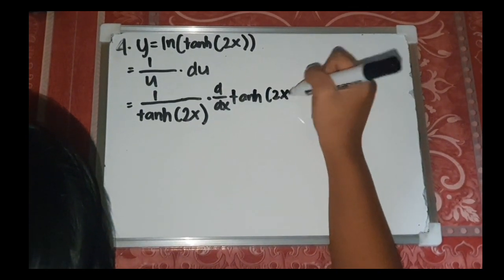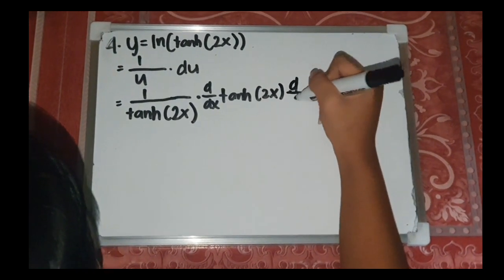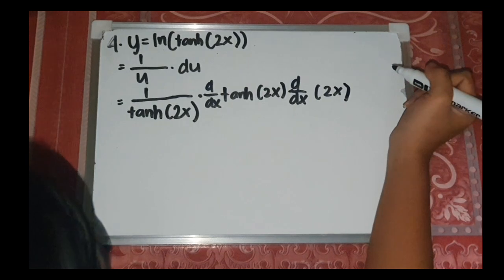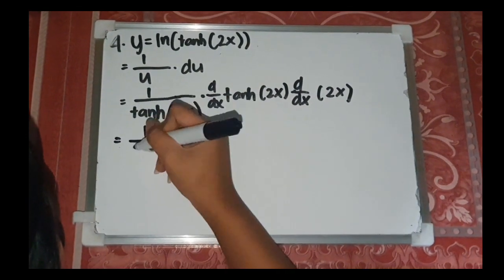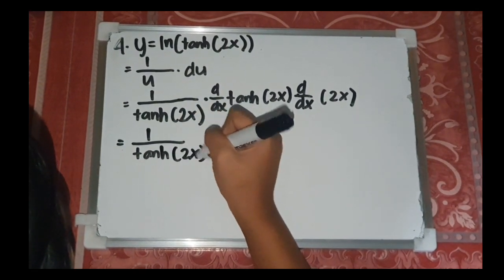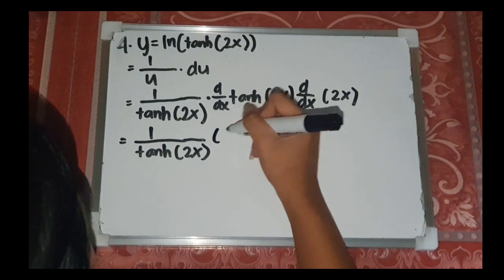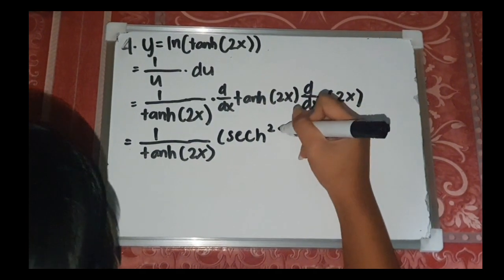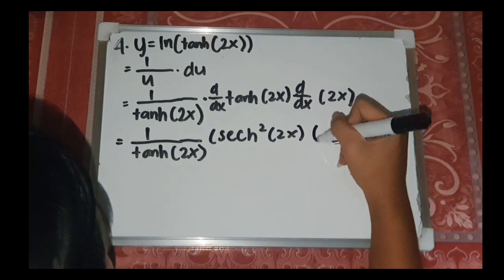The derivative of hyperbolic tan 2x is hyperbolic secant squared 2x, and then the derivative of 2x is 2.